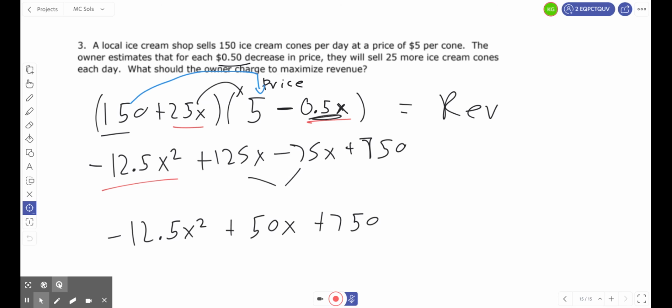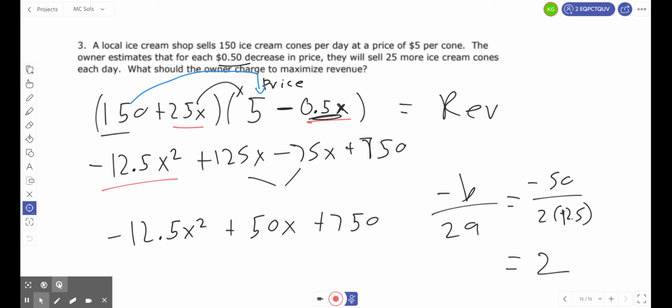So now we use our equation, negative b over 2a, which in this case is negative 50 divided by 2 times negative 12.5. If you calculate that out, you realize that it equals 2. And all they were asking is, what should the owner charge to maximize revenue?